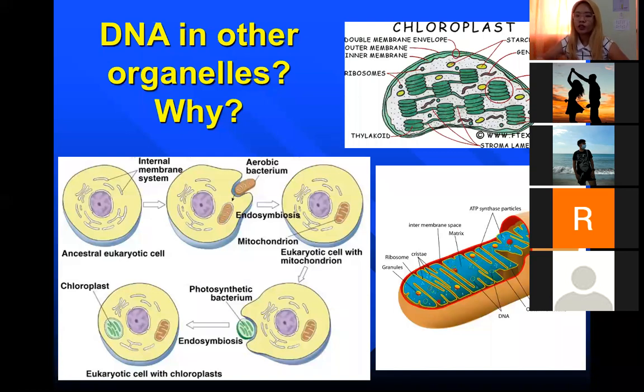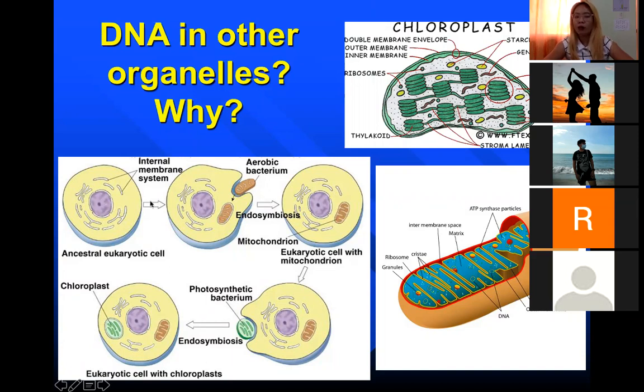And because of these organelles having their own DNA, scientists came up with the theory of what we call as endosymbiosis. So sabi nila, the original cell is actually ito daw yung ancestral eukaryotic cell. Ang meron lang siya is itong nucleus that has its own DNA.